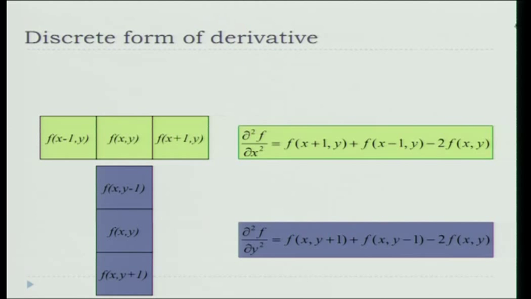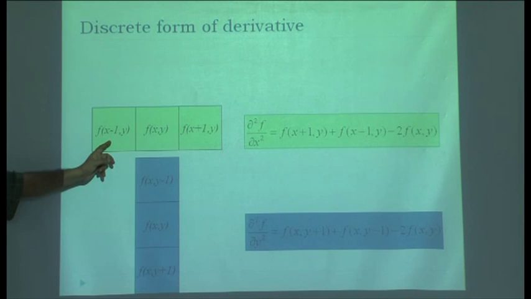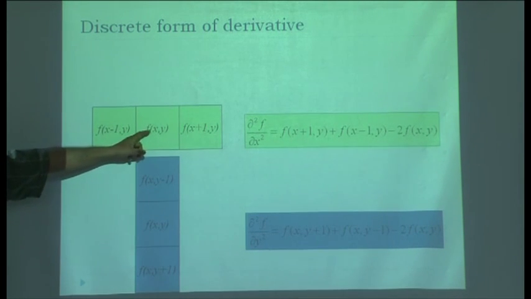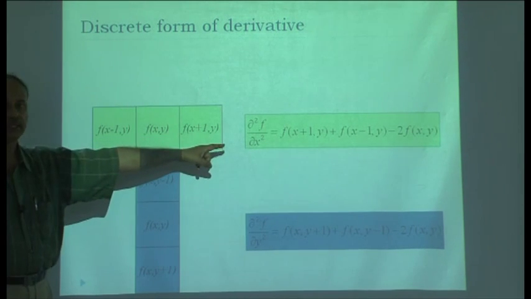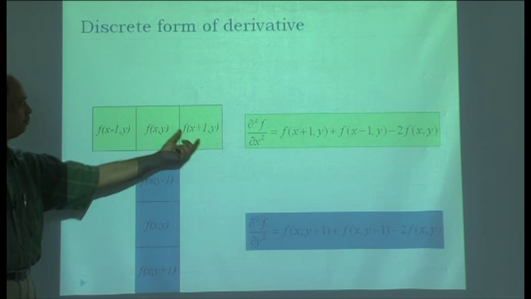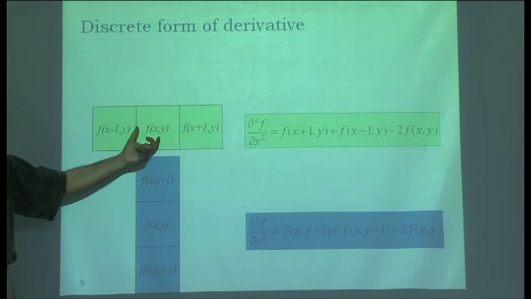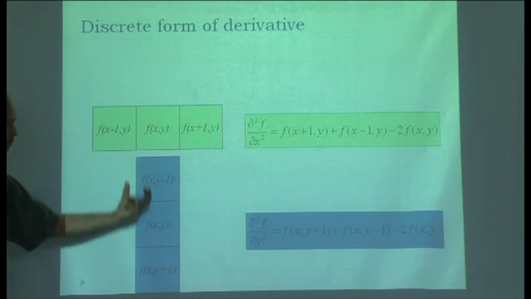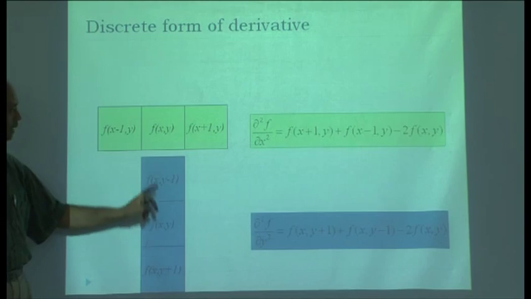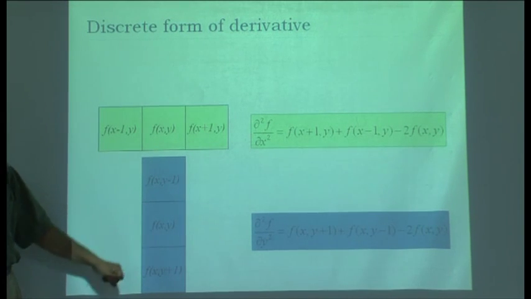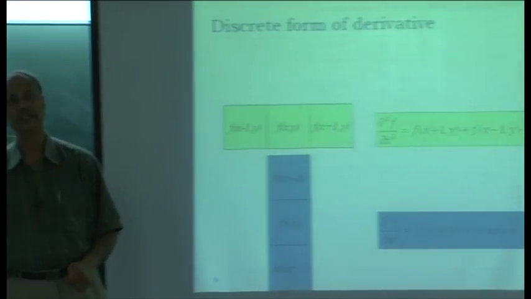If we look into del square f by del x square, you will be getting this one, right. These are the 3 points, so I have to compute this one. So, from the second derivative, we got this formula. That means, this one plus this one minus 2 times this one. Now, if I follow along the y direction, then this one plus this one minus 2 times this one will give you the second order derivative along y, right.